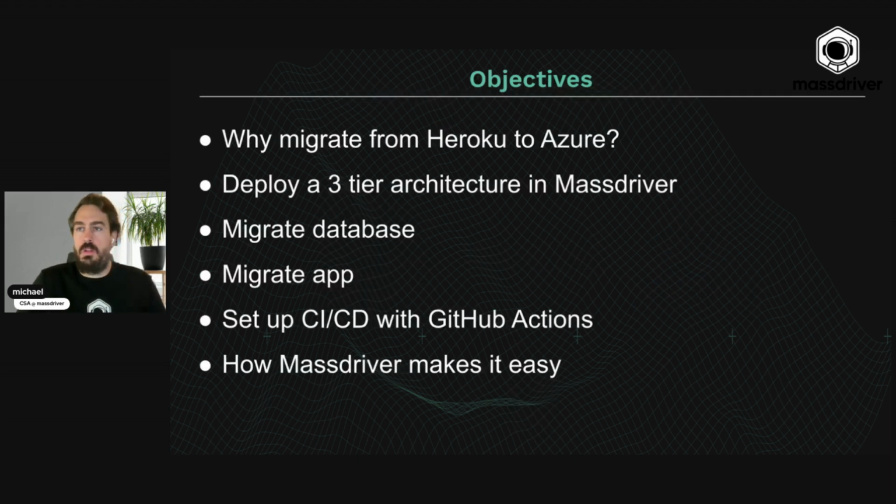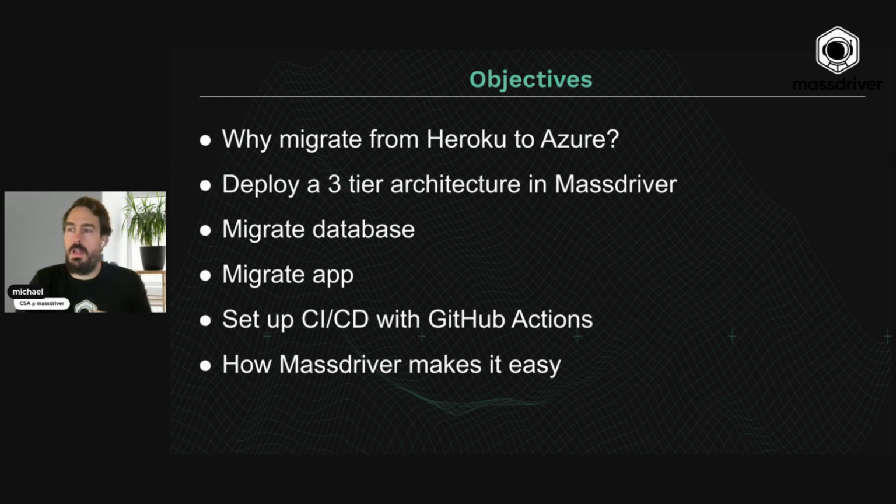All right, so this is the journey that we're going to be taking today. We're going to migrate our application to Azure from Heroku. And to make this migration even easier for us, we're going to be using the Massdriver platform and taking advantage of some Azure bundles. Now, we'll talk about why we might want to migrate from Heroku to Azure.